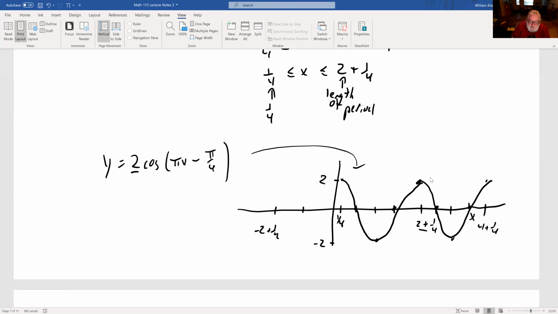Cut it in half, cut those in half. Positive, 0, negative, 0, positive. And there's our graph of y equals 2 cosine of pi x minus pi over 4. And it just continues like that all the way out.